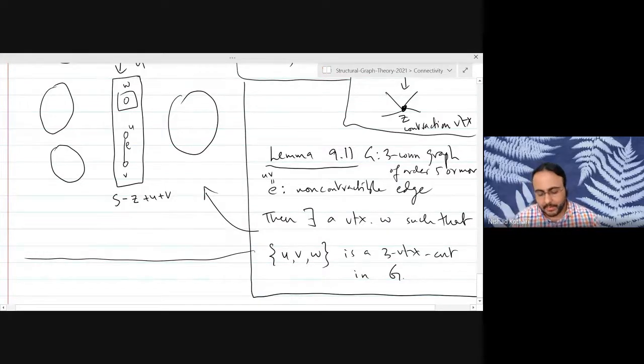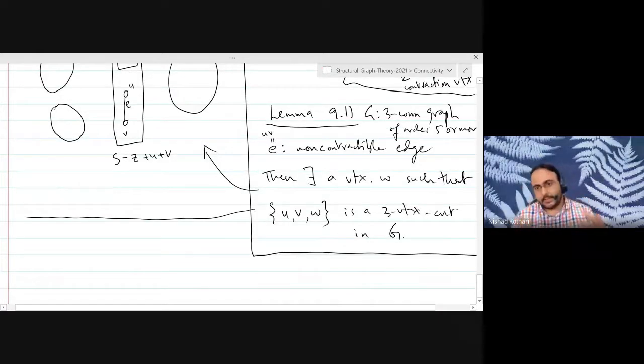Okay, so this lemma is saying that the only reason an edge is not contractible is because the ends of that edge participate in a 3 vertex cut in the graph with some other vertex, W. Good. So we are going to use this understanding of non-contractible edges in order to show the existence of a contractible edge.